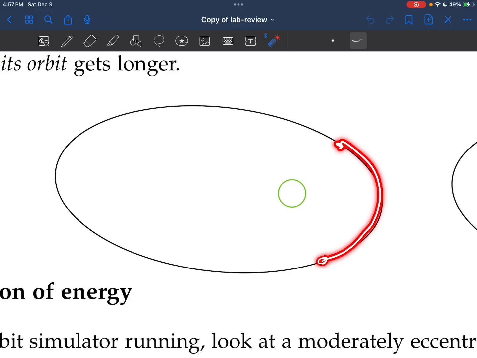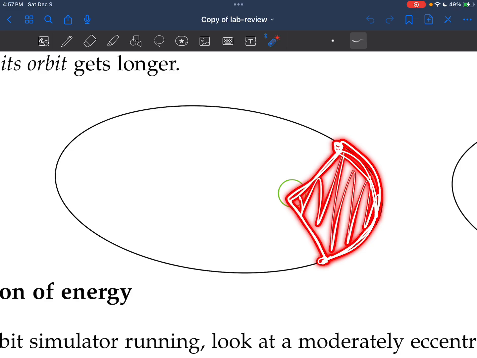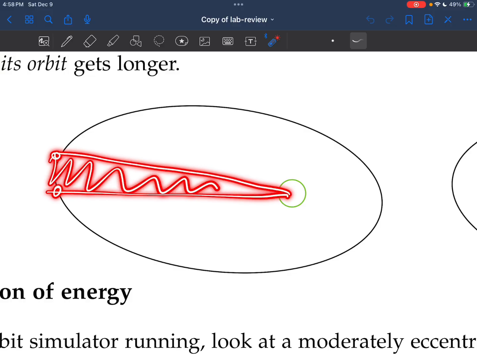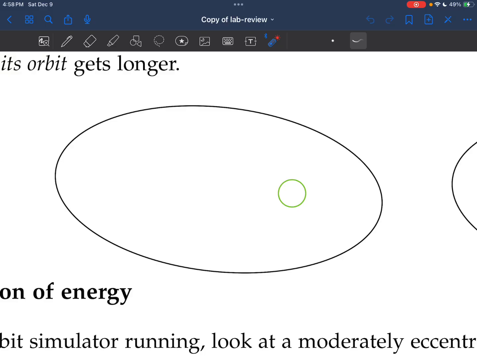It'll travel a longer distance along here when it's closer to the sun, so this pie slice, than when it's out here, where it'll travel a much shorter distance like this, so this pie slice.